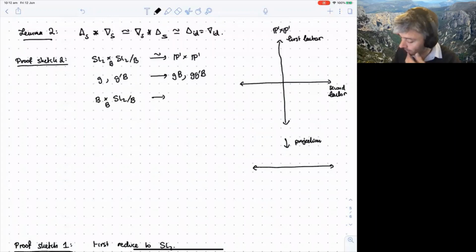Under this map, this piece here goes to the x-axis. So this is base point times P1, and SL2 times B over SL over B mod B goes to the diagonal.